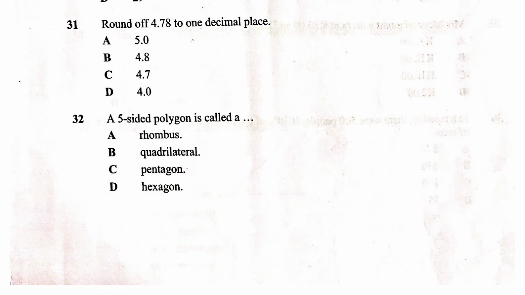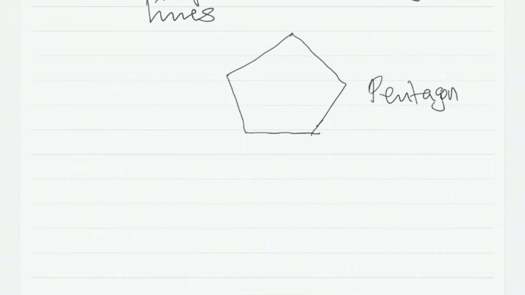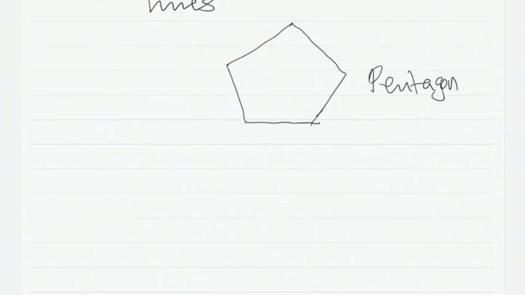So a polygon which has 5 sides, like this one I've drawn here, is known as a pentagon. A pentagon.